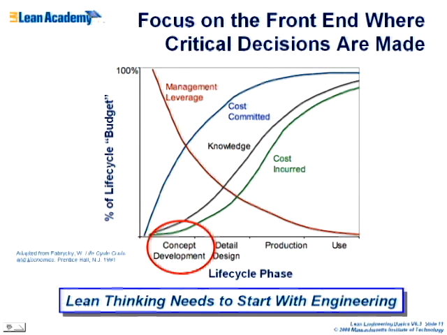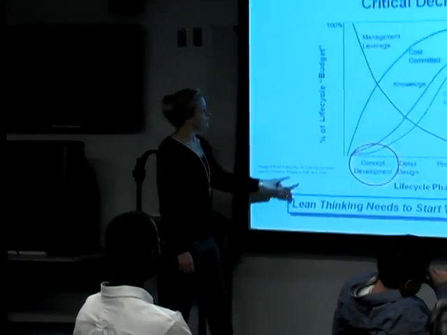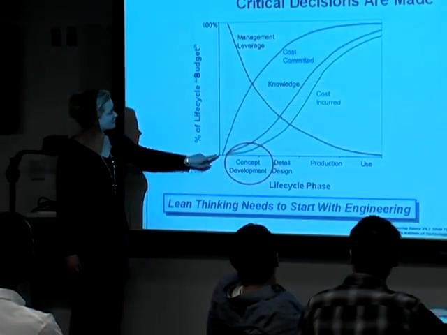The reason for that is represented here on this chart. On the y-axis we have essentially the percentage of your life cycle budget that you might attribute to these. And on the x-axis, we have life cycle phases, starting from concept development through detailed design, production, use, and disposal. Here we show various curves.